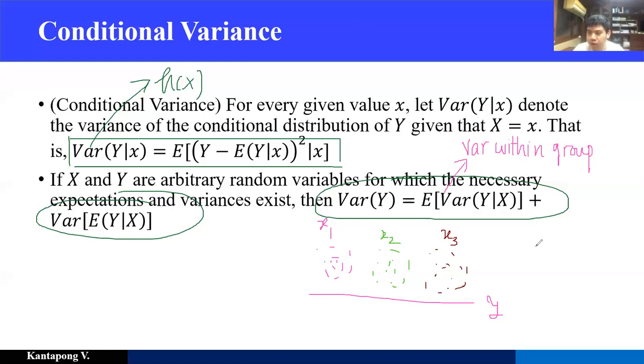But within group is not enough, because even though within each group the points are clustered together, each group may be far from the others. So we have to find the variance between groups too. That is one way to make sense of this.